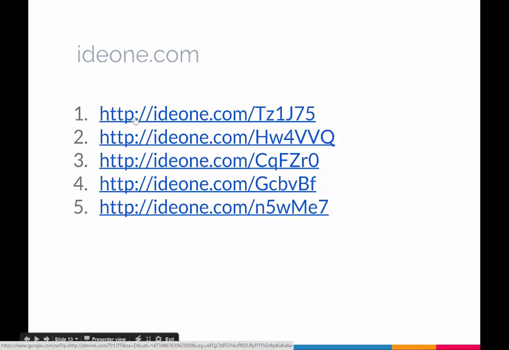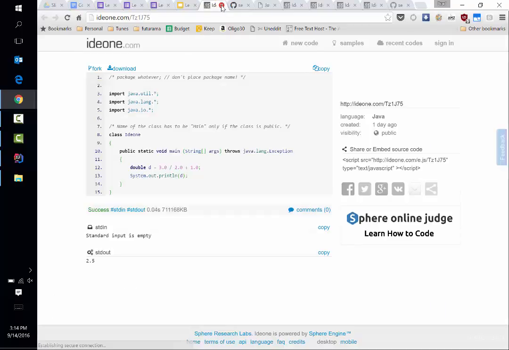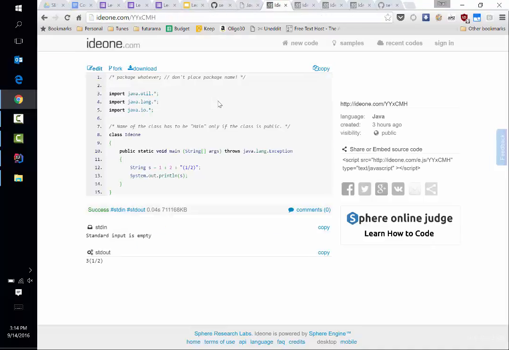So IDE 1 is this online Java IDE. And I've put these little code snippets in there for you to review. So this is that one, if I print it out, so you can go see, you can go play with these. This is that other question.